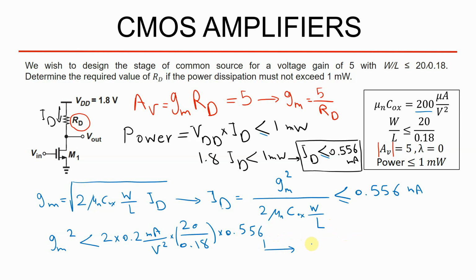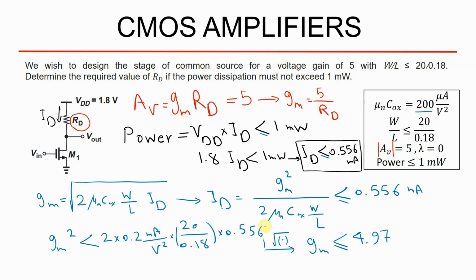GM squared, and I actually simplified this by taking the square root of both sides of this equation, and finally GM has to be less than or equal to 4.97. What is the unit for GM here?